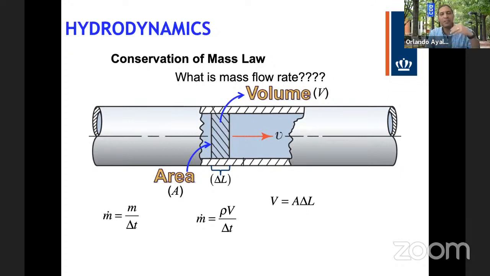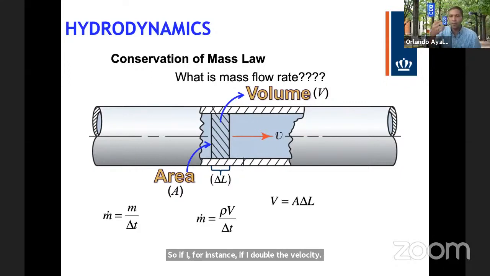So if I double the velocity and I start my chronometer the same way we did in the previous video, and stop it within 1 second, if the velocity is double, then that length will be double. If the velocity is triple, then that length will be triple. So I know there is a relationship between velocity and delta L.